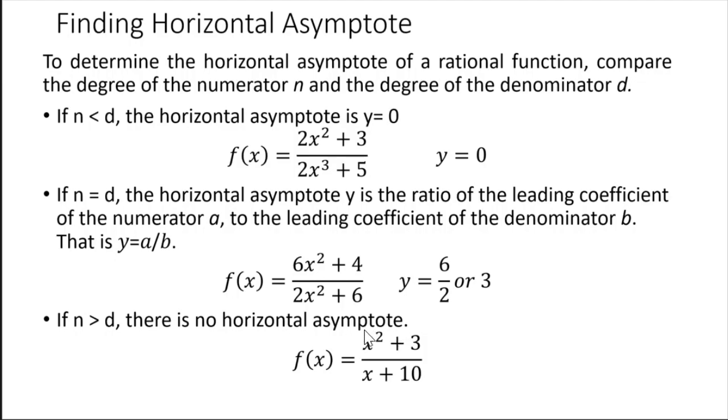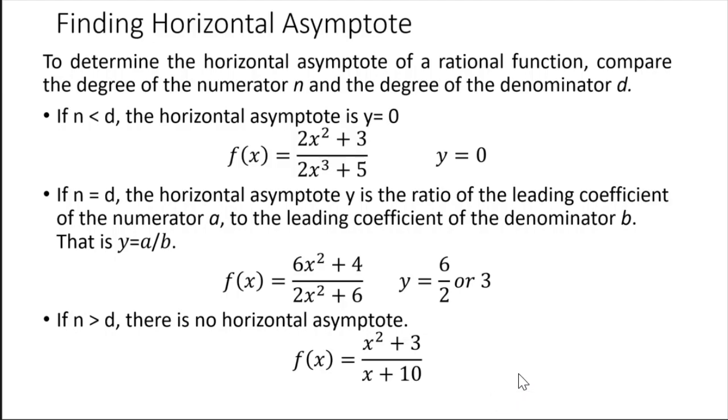The numerator is second degree and the denominator is first degree, so the degree of the numerator is greater. So there is no horizontal asymptote.